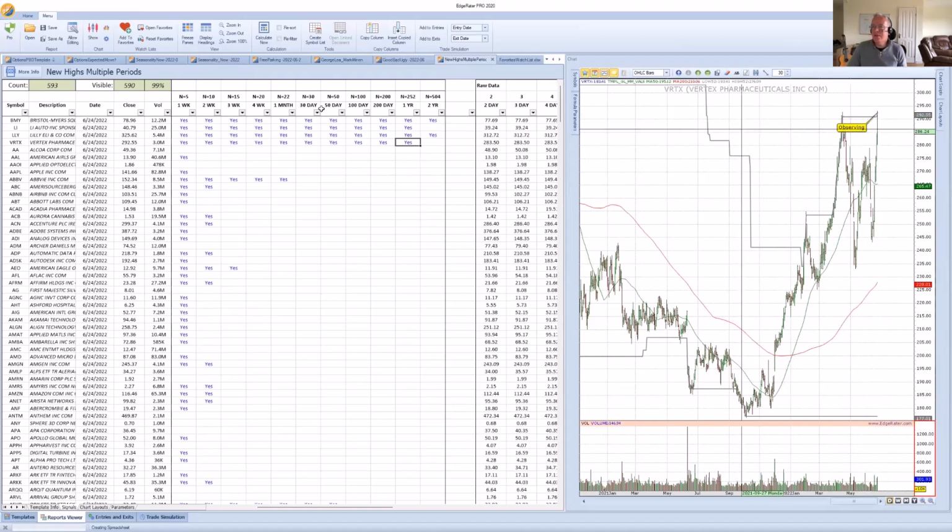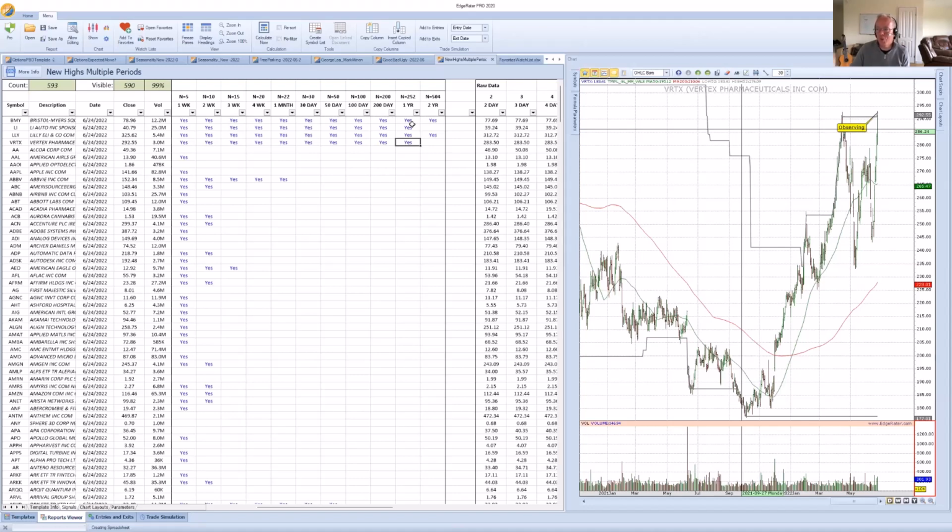Okay, so this is quite a flexible template because, first of all, it shows the long period highs and lows, but if there's a yes in any column, then you're guaranteed to have a yes in all of the prior columns as well.